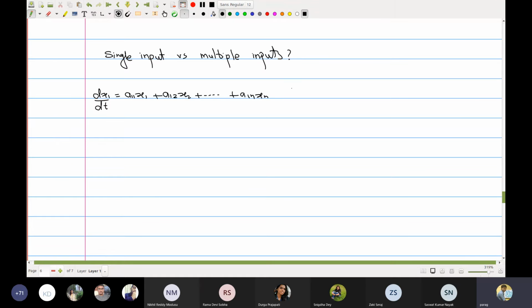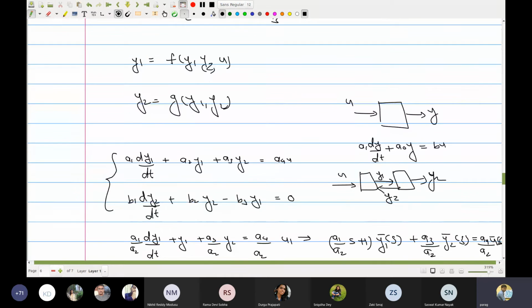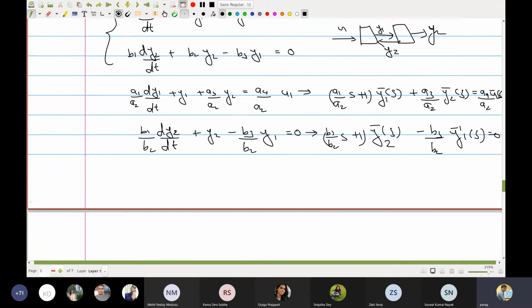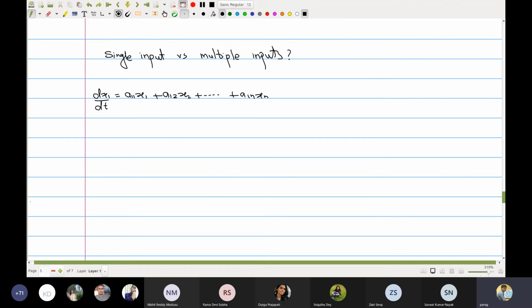Again, these are all of very similar form like we wrote here. So now we are extending it to n dimensions. So it would be this plus the contribution from the input variables. So this is like b11 u1 plus b12 u2 up to, there can be m number of input variables.